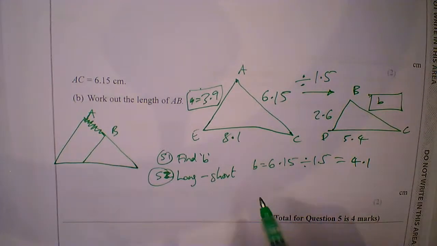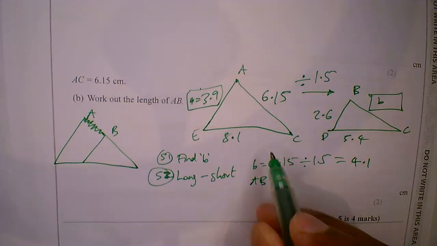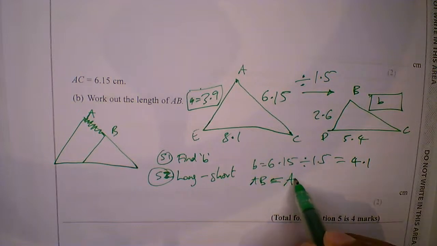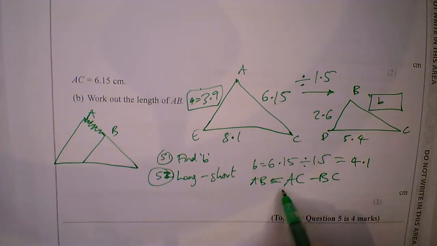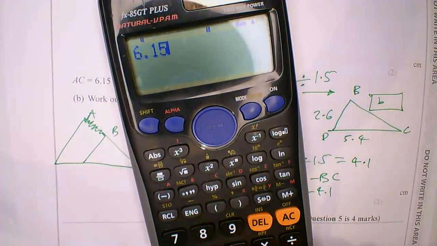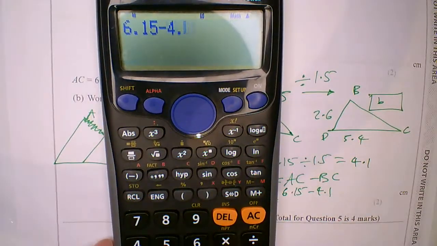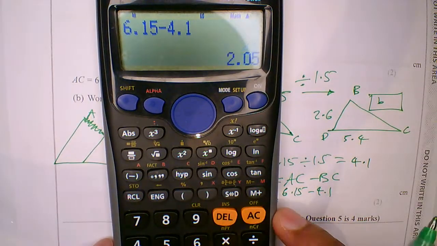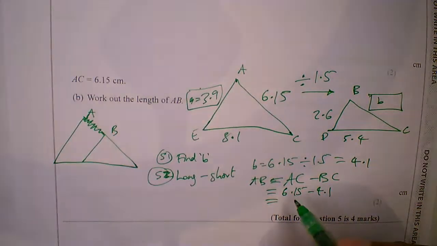Now AB equals the long side, AC, take away BC. So that is 6.15 take away 4.1, which gives me 2.05.